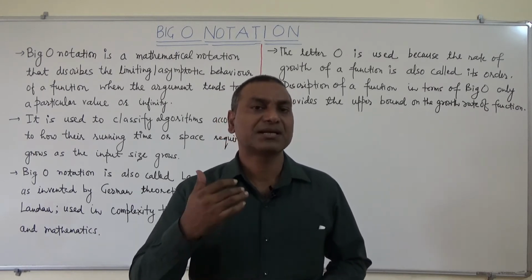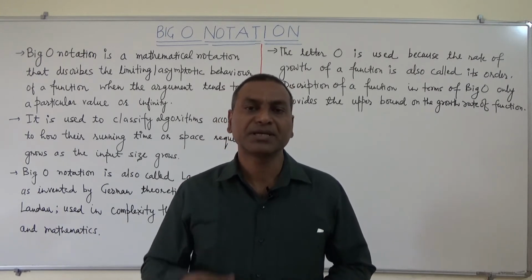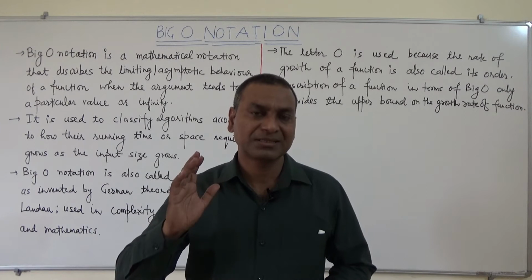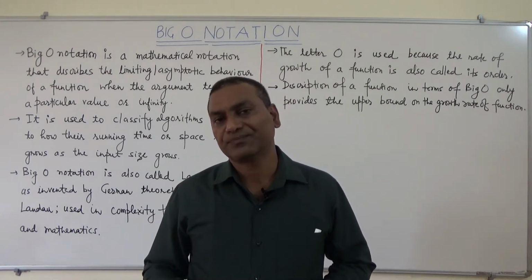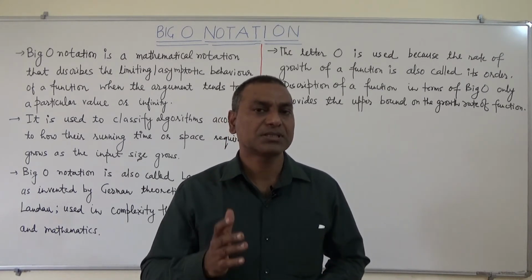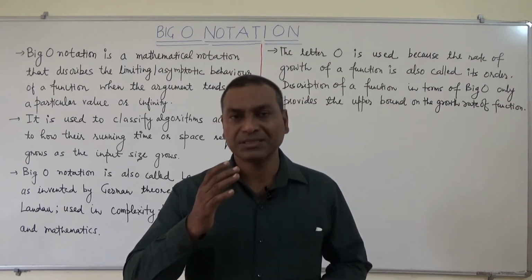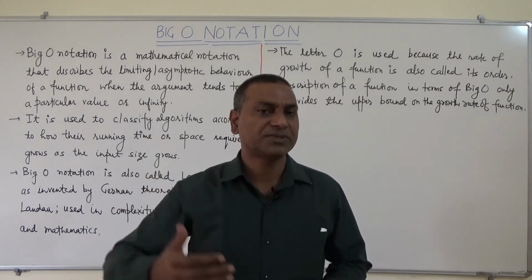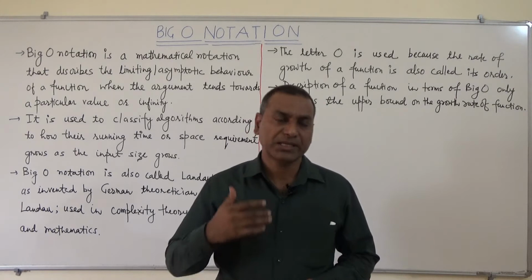Then we will see the related notations like big omega notation and big theta notation. We will see the basic history of this big O notation and its formal definition. We will see a list of classes of functions on the basis of which we normally calculate the running time complexity of any algorithm.